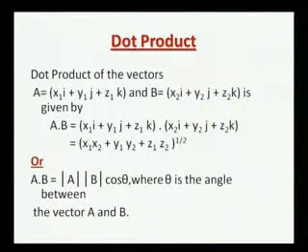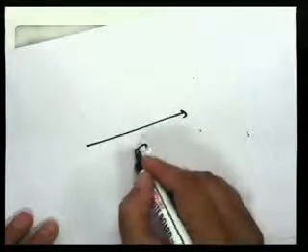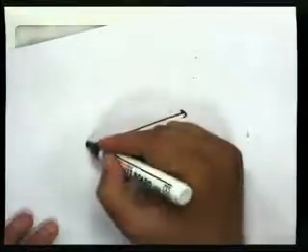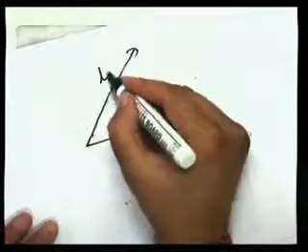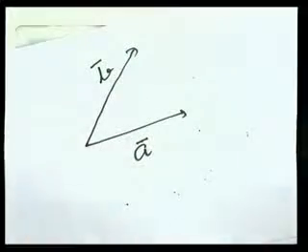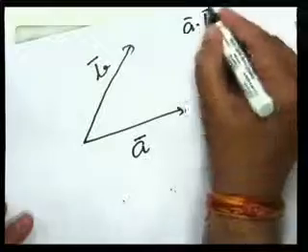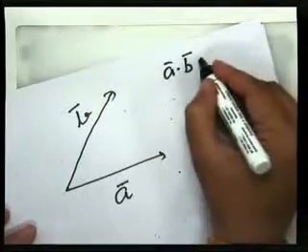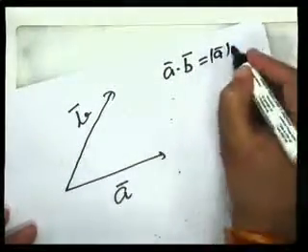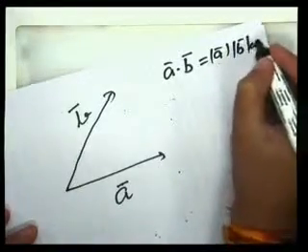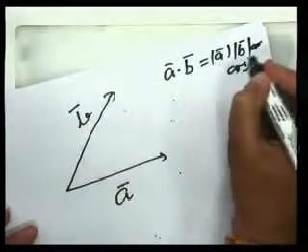Now let me show you another physical interpretation of the dot product. Suppose we have a vector A and another vector B. Now I am writing A bar dot B bar, that is equal to A B cos theta.